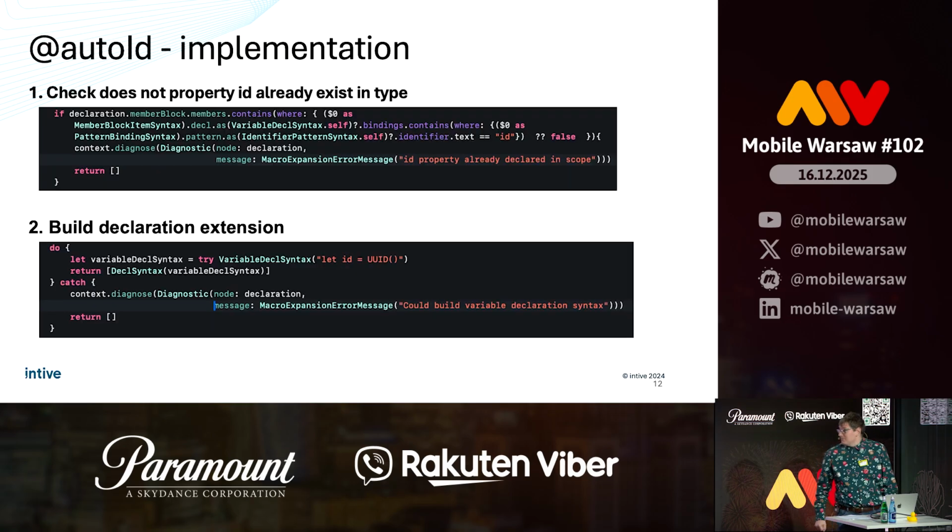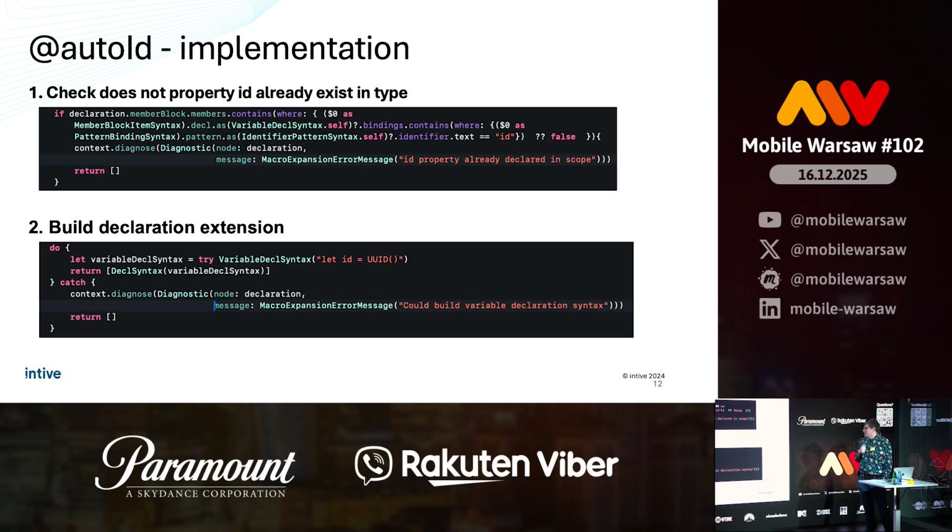So let's talk about the implementation of this macro. First, as I told you, we check whether the property does not exist in the type, and I went through this syntax tree, which I obtained from Swift AST Explorer, and I check whether the ID property exists, and if it is true, I diagnose an error that the property is already declared.